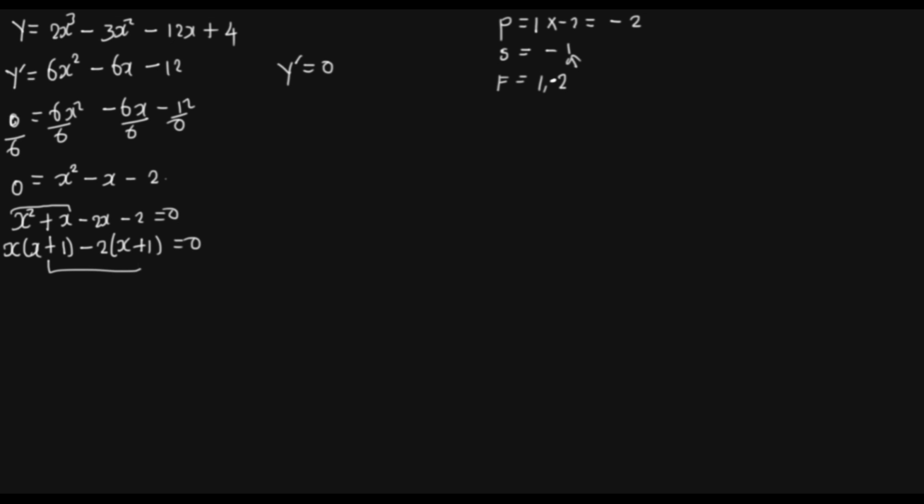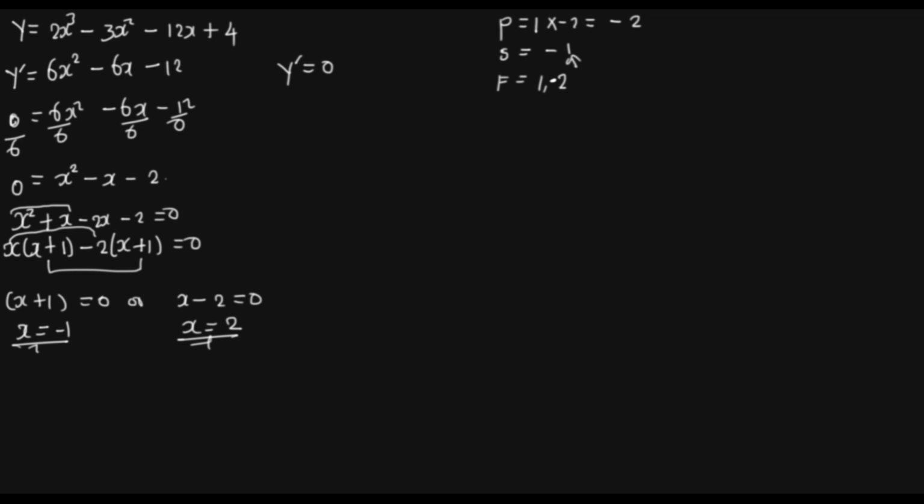So you can see that this pair is common. So we get x plus 1 equal to 0, or here we can say x minus 2 is equal to 0. So x is equal to negative 1. If we shift 1 to the other side, here we are going to have x is equal to positive 2.